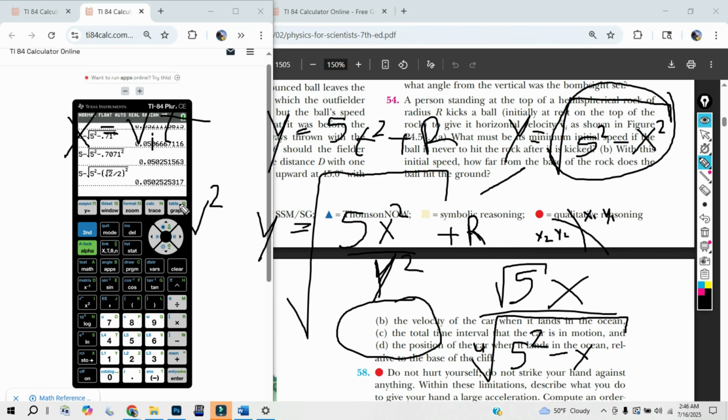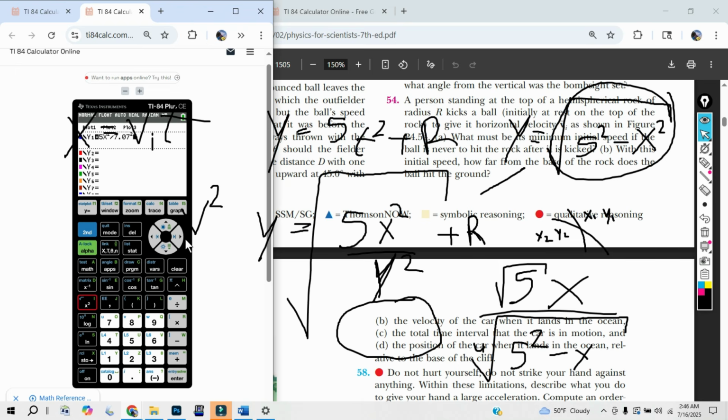All right, so that's good enough, and we're going to graph some stuff. We got 5x squared divided by 7.07 squared. Cool.